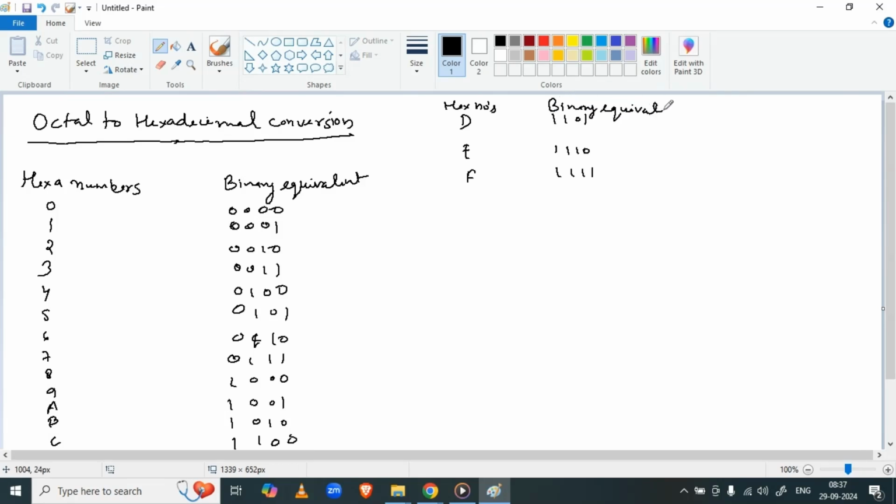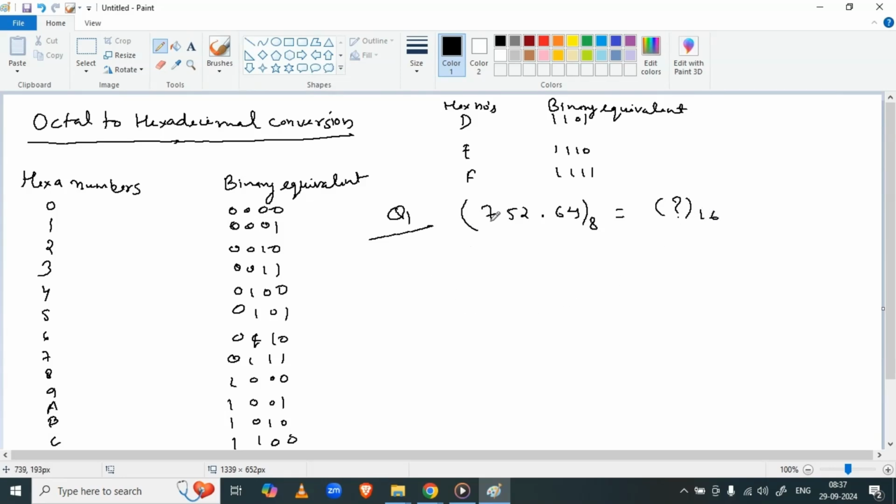Now we have to convert an octal number to a hexadecimal number. To understand this concept, we will take one example. Suppose 752.664 is my octal number and we have to convert this into hexadecimal.